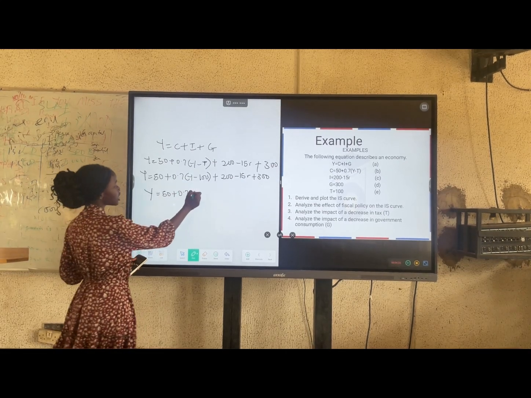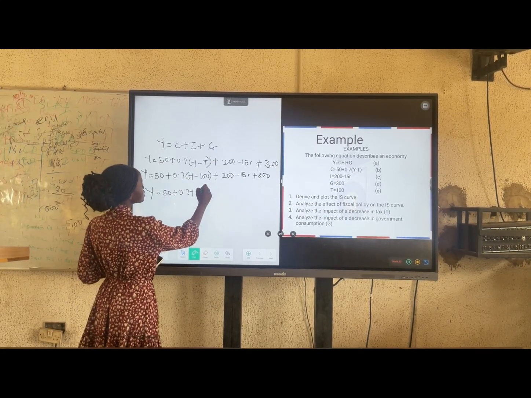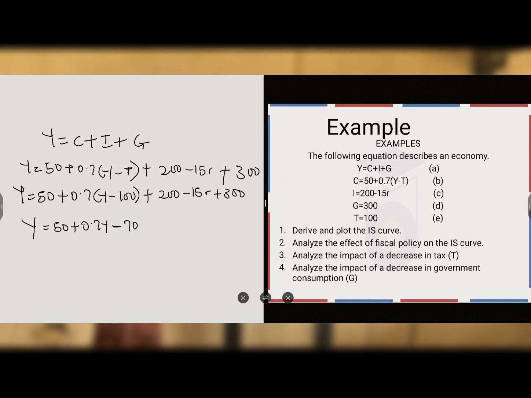0.7 times 100 will be giving us 70, plus 200, plus 16R, plus 300. Before this, we're going to be collecting like terms.